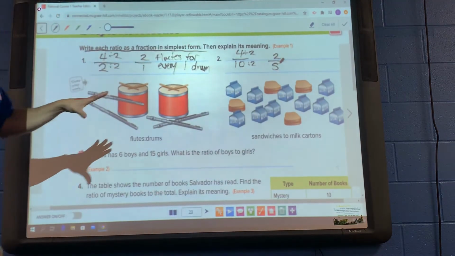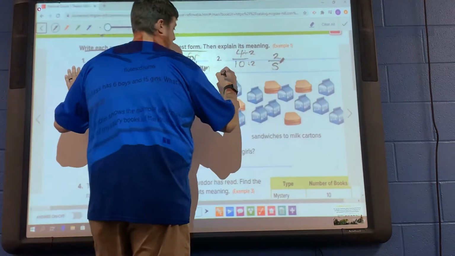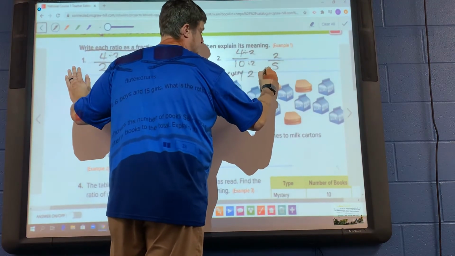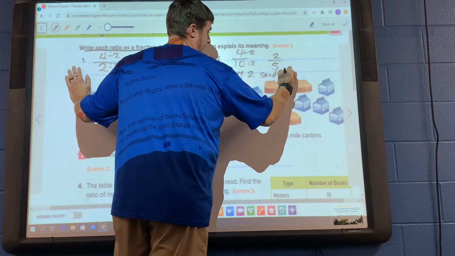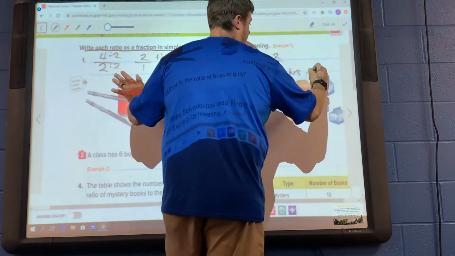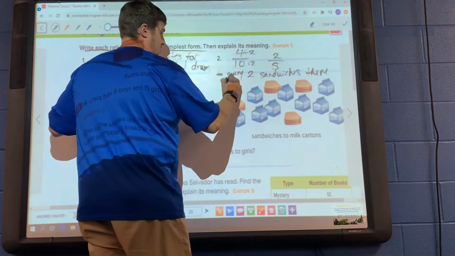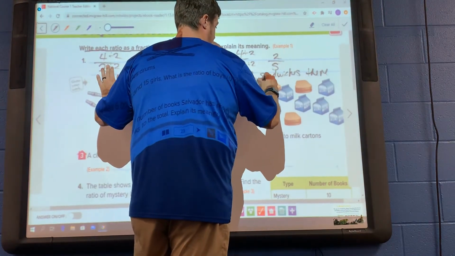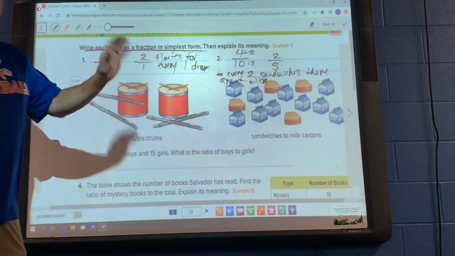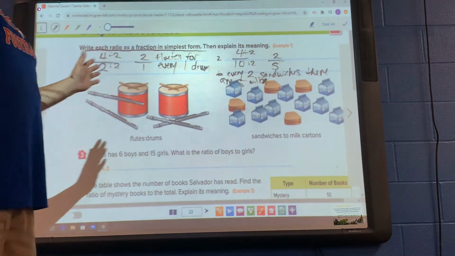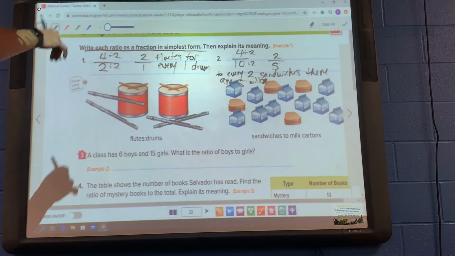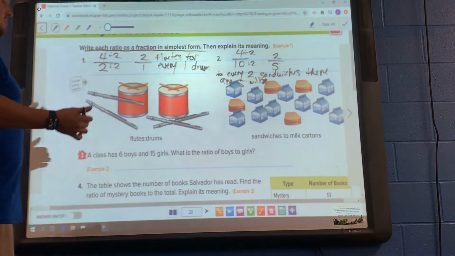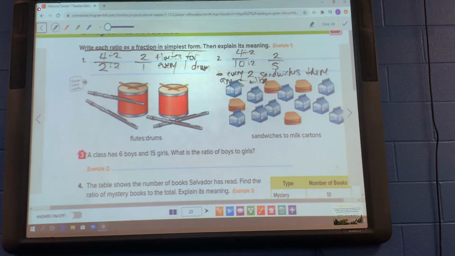So what this means is, for every 2 sandwiches they give out, or whatever, there are 5 milks. So 2 to 5. That's how you explain ratios. That's how you set them up.